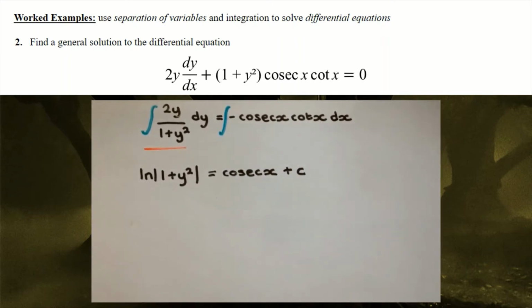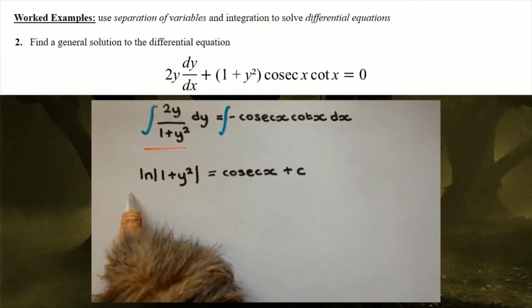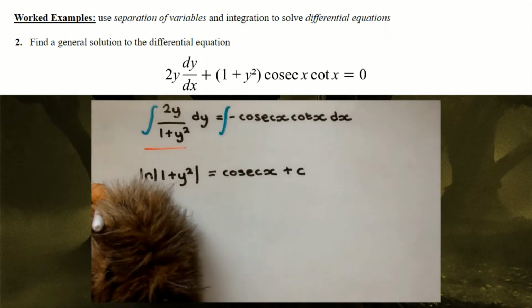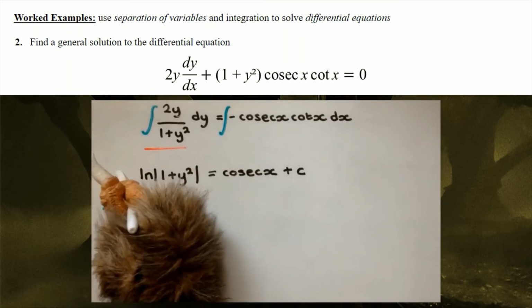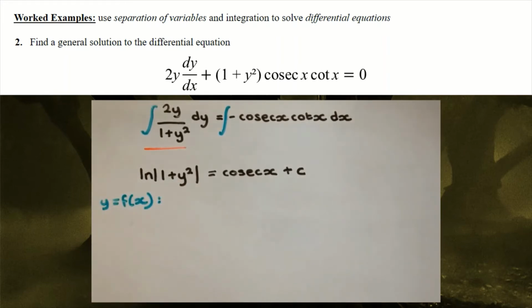Once again, we're not asked to give the general solution in any particular form. Were you to do that, we would have to use the exponential function. We would exponentiate both sides, and if you'd like me to do it, I'll do it. So this is an aside, of course. There's nothing wrong with the answer we've got here, but just in case you want to write it as a function of y, so if we want to write y equals f of x, then we remove the log function by exponentiating.